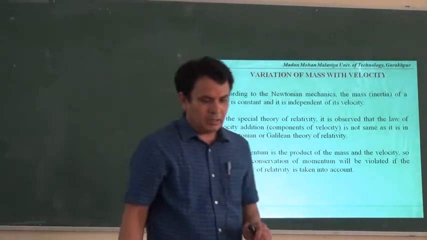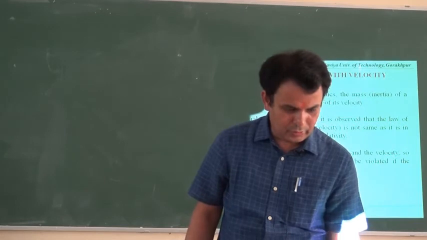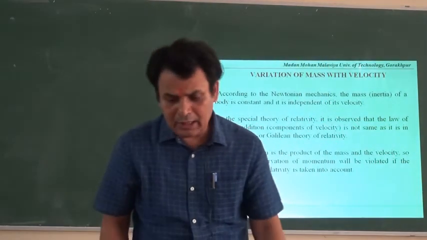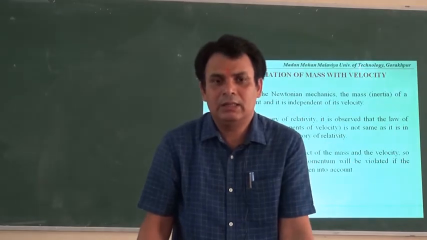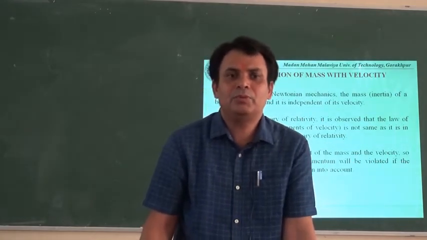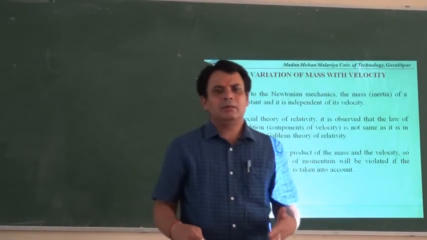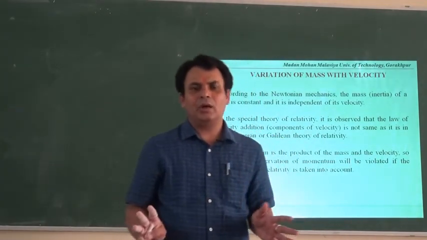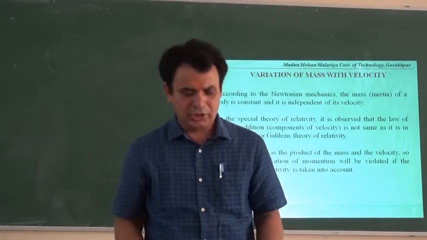Now the most important point we are going to discuss here: if we consider that the velocity no longer remains constant, then how can we preserve the law of conservation of momentum? Usually there is no violation of the law of conservation of momentum and the law of conservation of energy.